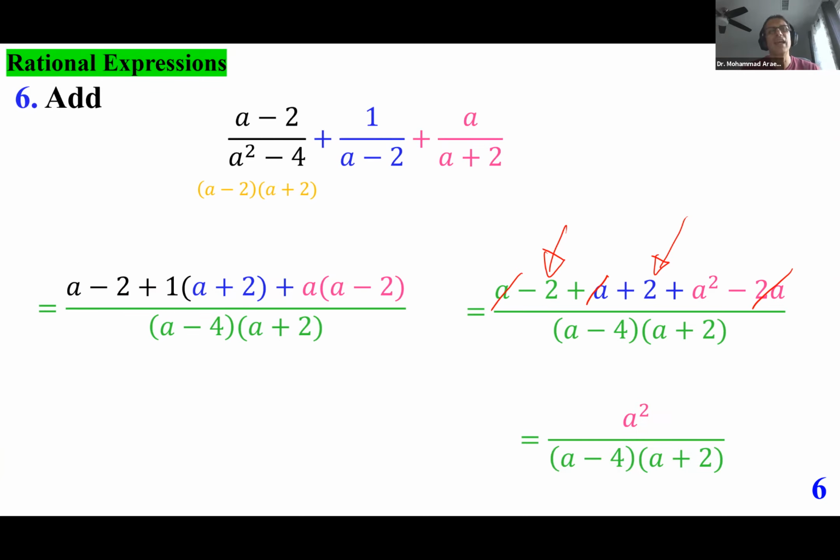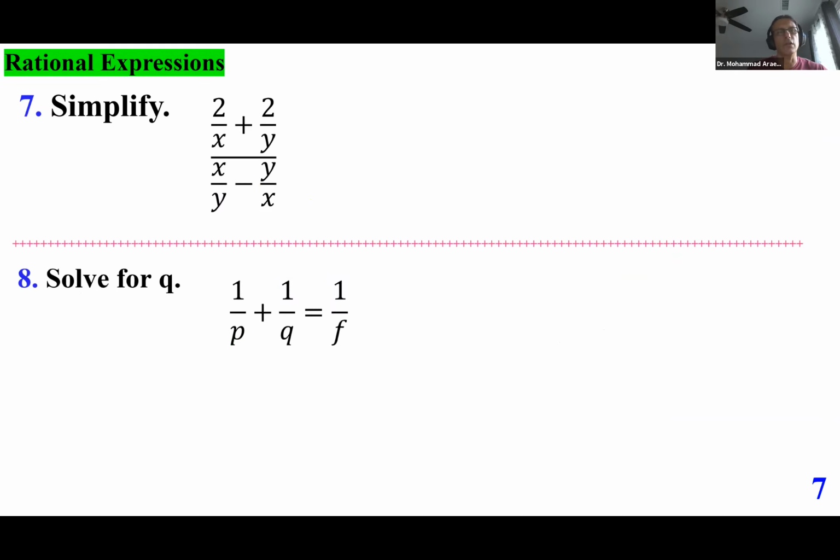The numerator is left with a squared only. And of course, it can't be simplified any further. We are done. What we are looking at is called a complex fraction.